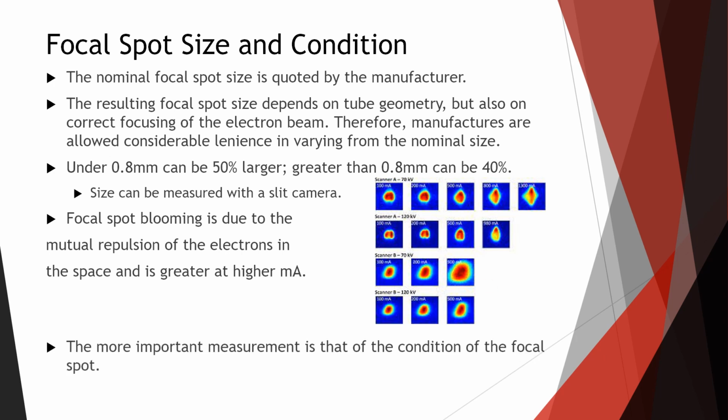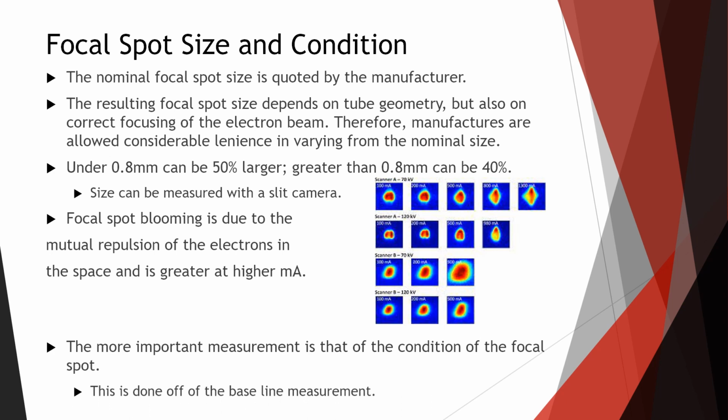The more important measurement of focal spot is that of the condition of the focal spot, so how well of a condition it is in, rather than the size. This is done off the baseline measurement.